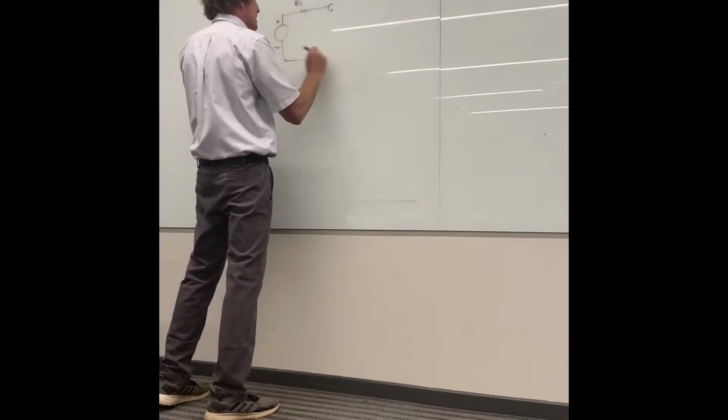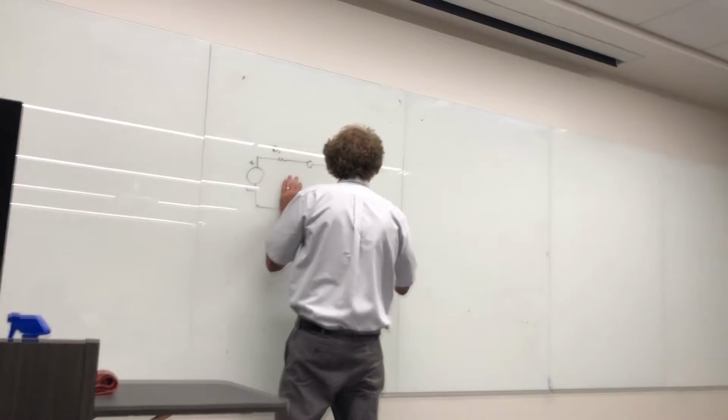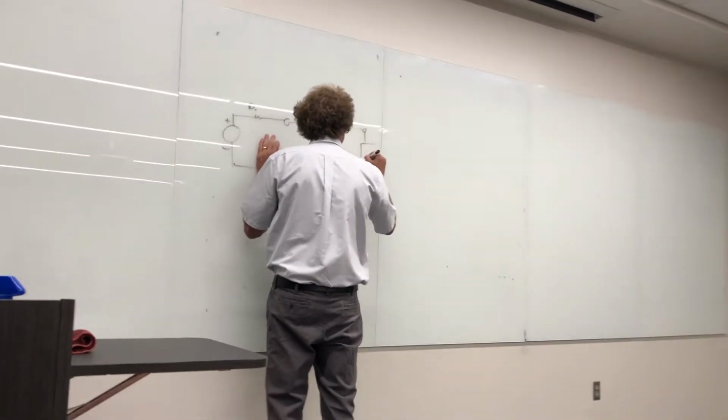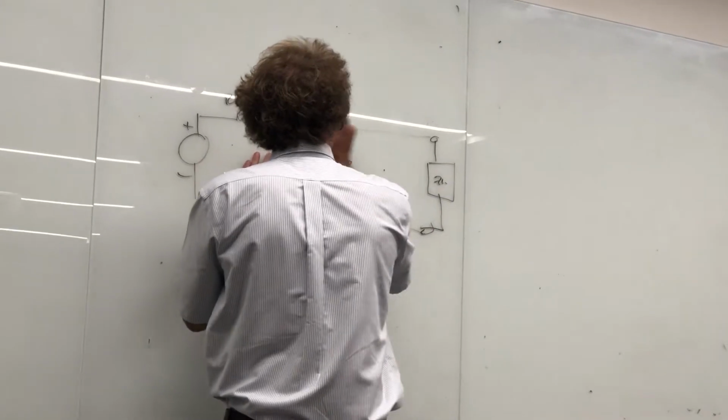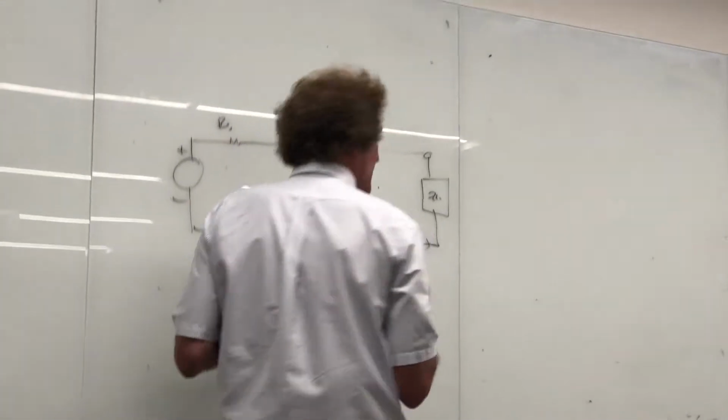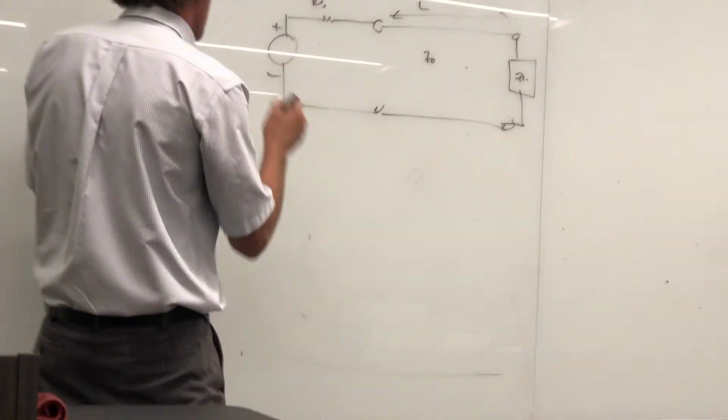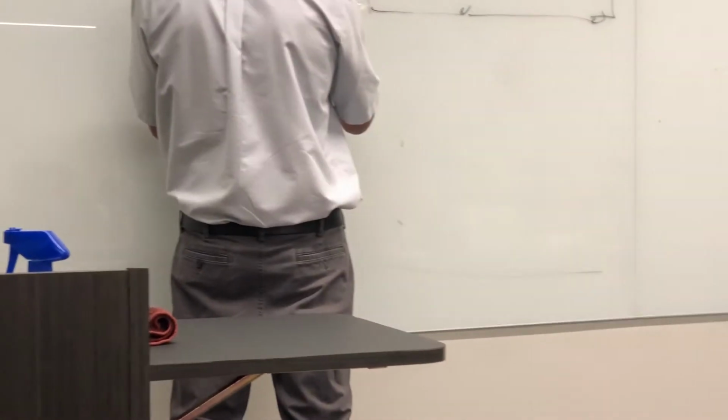So for this problem, this is the quiz. We have a transmission line, then we have ZL, and we have Z0, and we have the length L. Give me the specifics again for the voltage source.